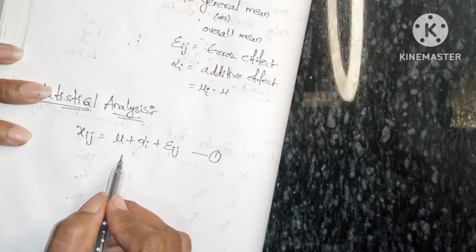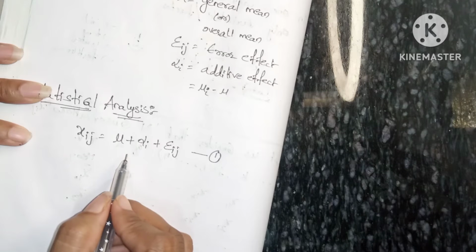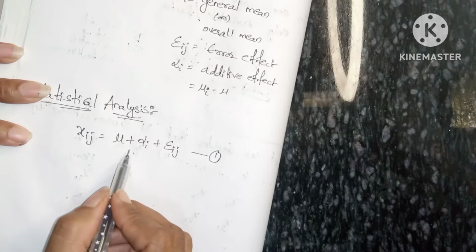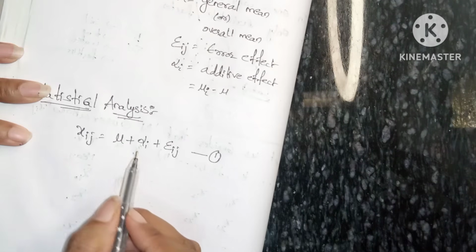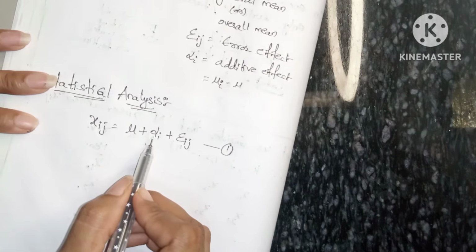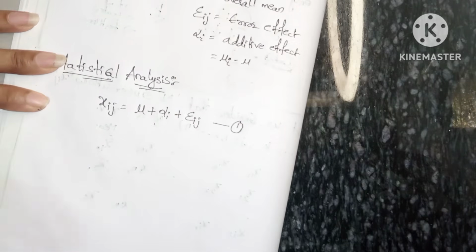So in order to estimate unknown parameters, we have to use one method that is called the principle of least square method. Okay, so by using the principle of least square method, we are going to find out mu and alpha.